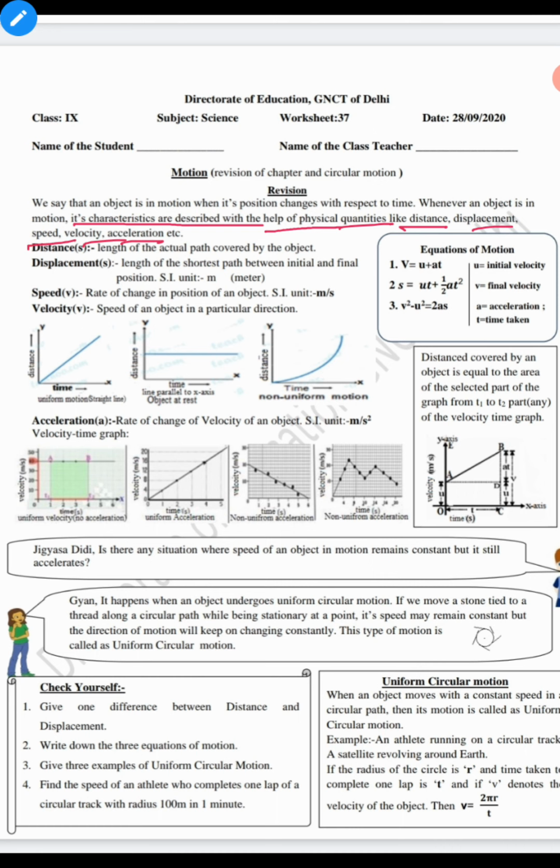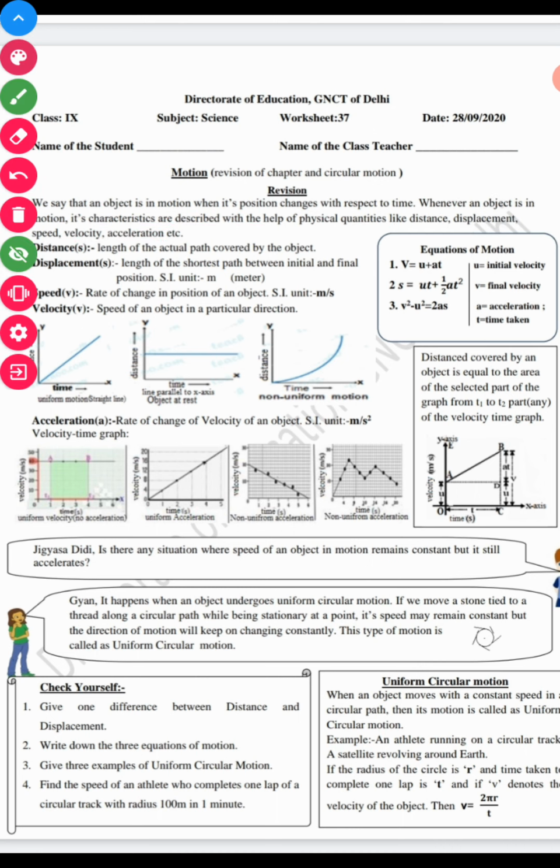All these quantities describe the characteristics of an object's motion. Distance is the length of the actual path covered by an object.